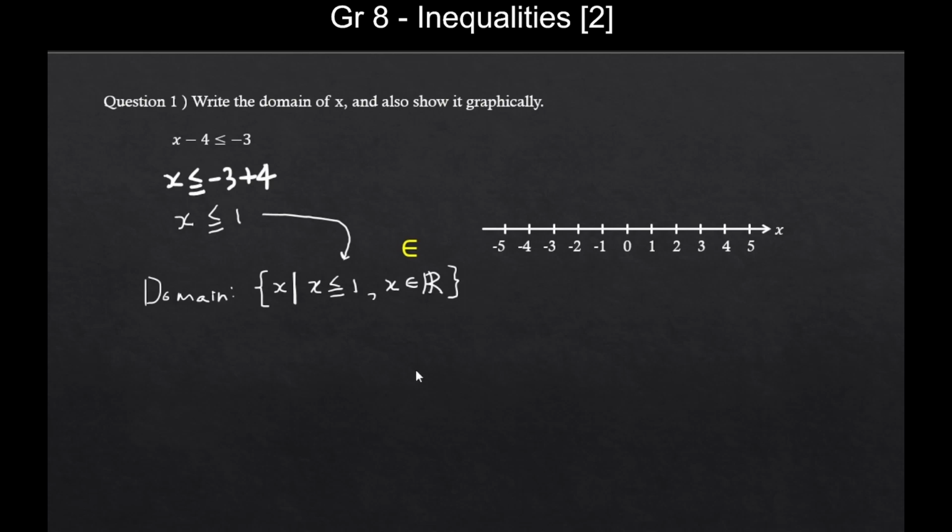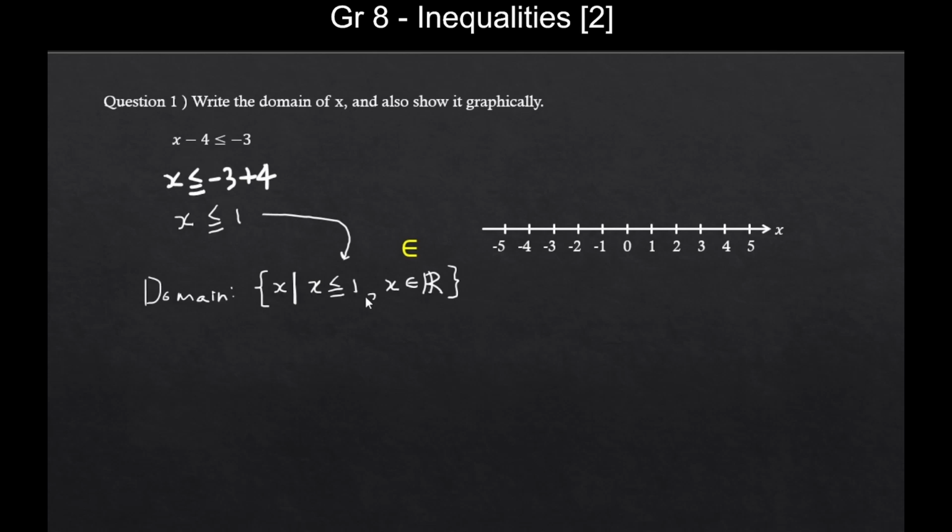So as a summary, we first introduce what variable we have here. So in this case, we have x. Then we put a wall here, we build a wall. And after the wall, we start talking about it. So x is smaller than or equal to 1. So we're providing information about x.